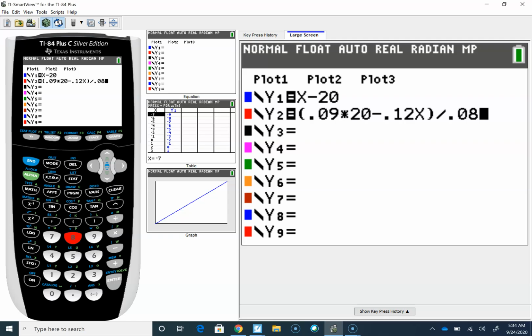And these are pretty small numbers if you look at them. Actually I did that one wrong, I think. Clear that out. This should be 20 minus x.